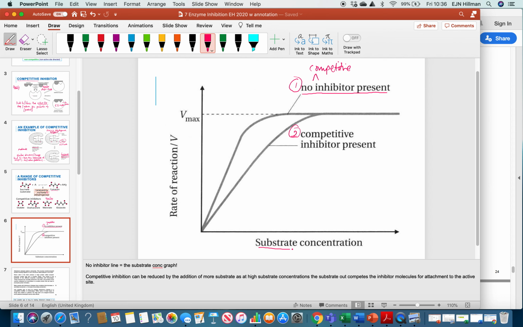Okay, we can see on the x-axis we're increasing the substrate concentration, so that is the independent variable. On the y-axis, the dependent variable is the rate of the reaction.